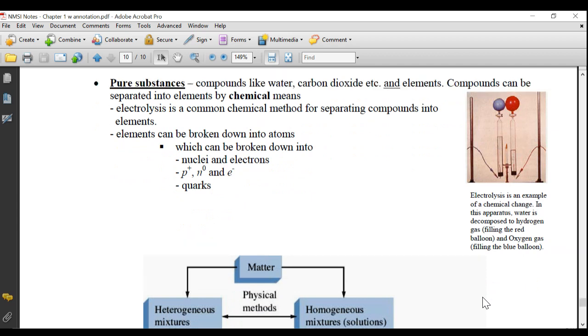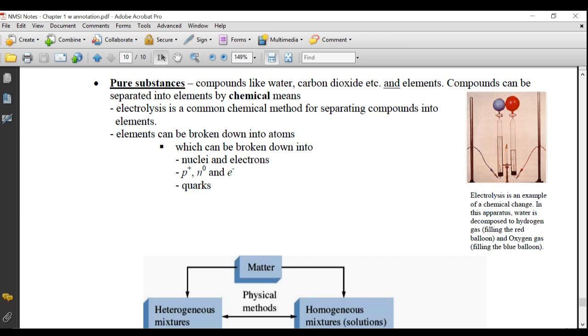The last part then, pure substances. Remember, pure substances are things like elements and compounds. They're really those fundamental building blocks. Compounds can be separated into elements by chemical means only. And by chemical means, I mean things like a chemical change occurring.